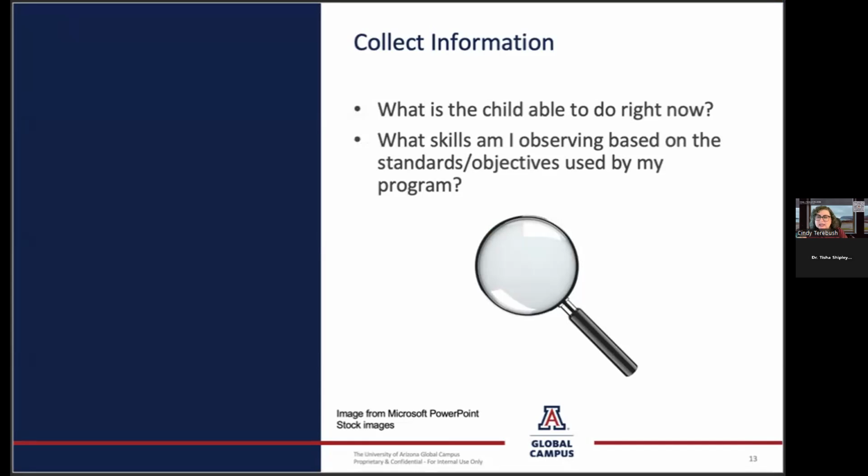In order to collect useful information about young children, we have to document what they are doing, not what they're not doing. We need to know what they are doing in order to figure out what's the next step in the path. When we collect information that tells us what the child is not doing, for example, if you write down the child did not interact with anyone, that's where the observation ends.